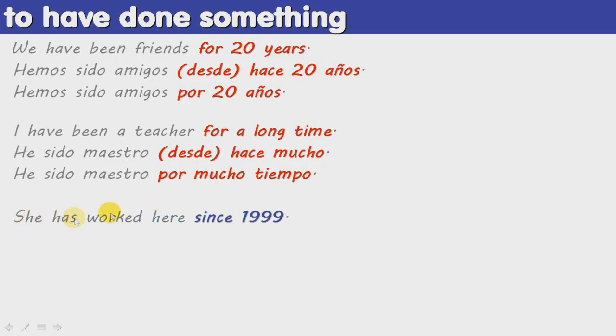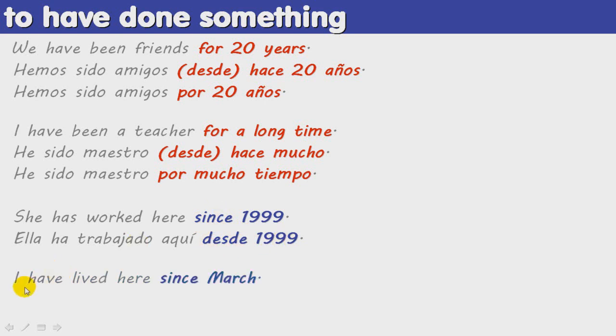Another example, she has worked here since 1999. Ella ha trabajado aquí desde 1999. We can see that when we use the word since, in Spanish we use desde plus the date. I have lived here since March. He vivido aquí desde marzo.